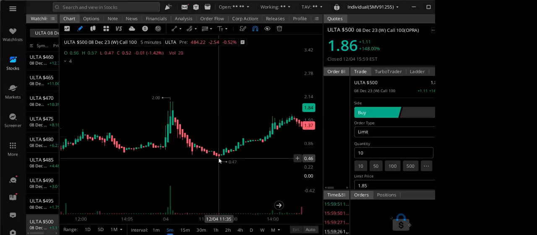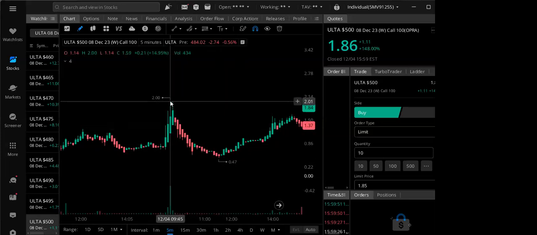Let's say you are a person who buys 3 contracts. If we round it up, $50 times 3, you're spending $150. Then you can anticipate if this contract goes back to 200, you stand a chance to make $600 if you're buying 3 contracts.